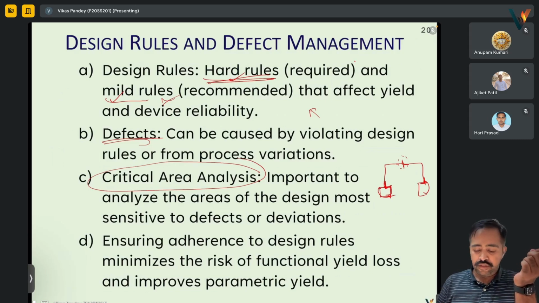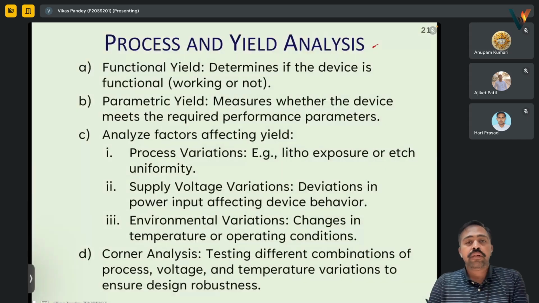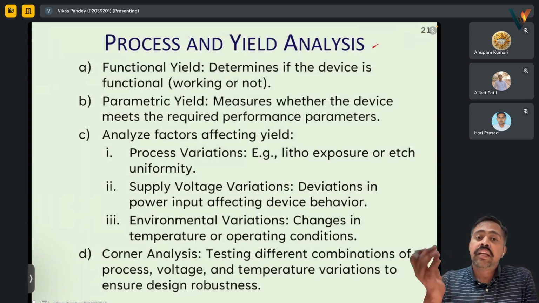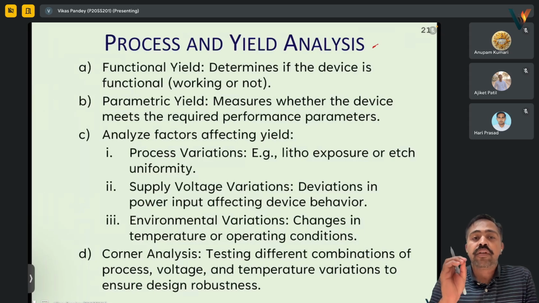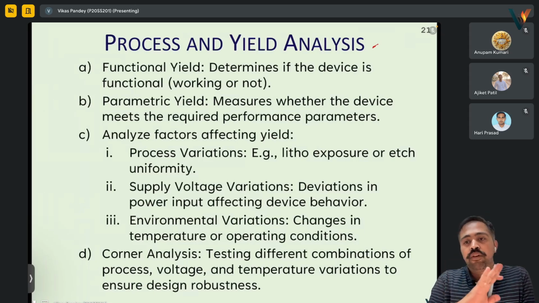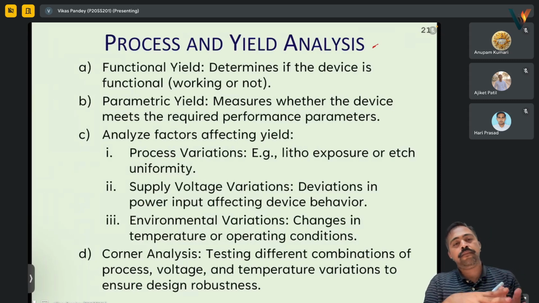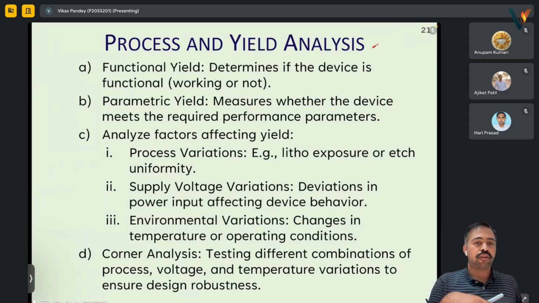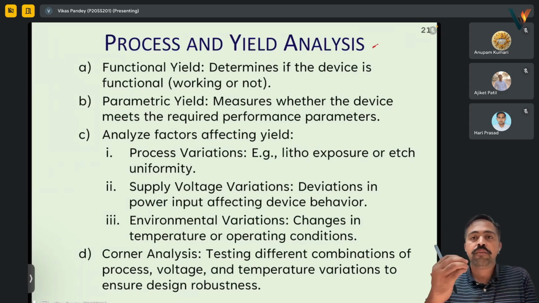So how do we do the process and yield analysis? Functional yield, that is, it determines if the device is functional, working or not. Just one. The device is made, now is it in working condition or not. That is how much is the functional yield.